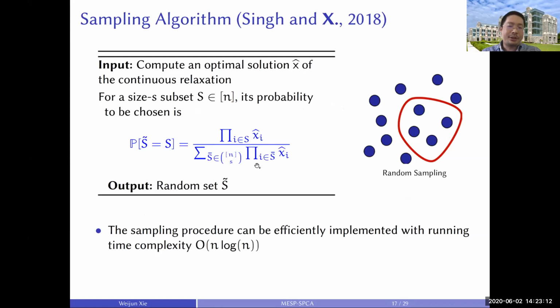We use a different sampling approach than the literature. We use the sampling approach based on Mohit and my 2018 paper.